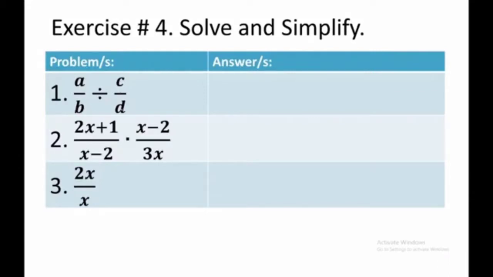Number 2, 2x plus 1 over x minus 2 multiplied by x minus 2 over 3x.